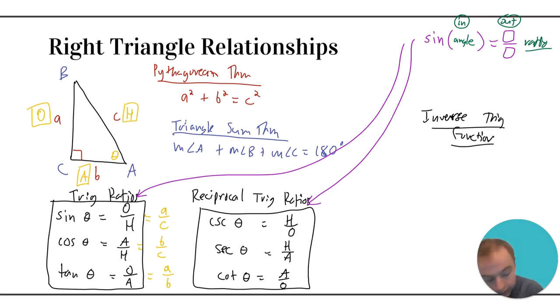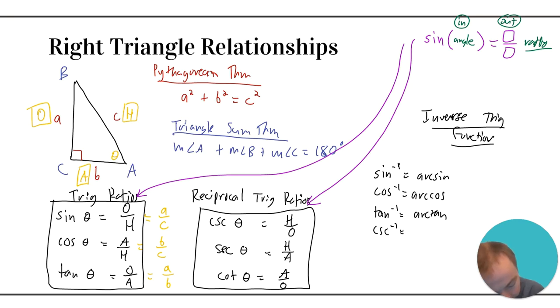So those inverse trig functions are known as sine inverse, which is equivalent to arc sine, and also cosine inverse, which is equivalent to arc cosine, and tangent inverse, which is equivalent to arc tangent, cosecant inverse, which is equivalent to arc cosecant, secant inverse, which is equivalent to arc secant, and cotangent inverse, which is equivalent to arc cotangent, right?